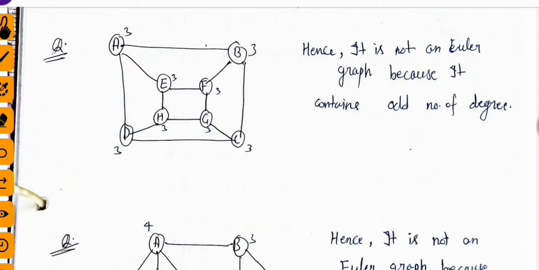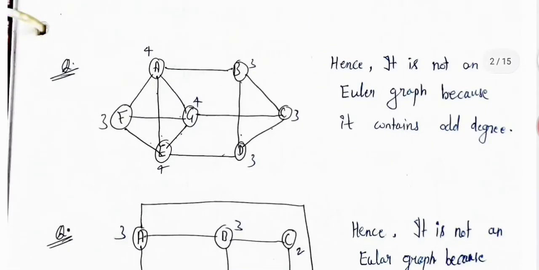Firstly we count the degree of each vertex. If you find an odd vertex degree, you can easily say that it is not an Euler graph. So here each vertex has odd degree, that is 3, so it is not an Euler graph. Now come to the next question. Here the next question also contains odd degree, so it is not an Euler graph.